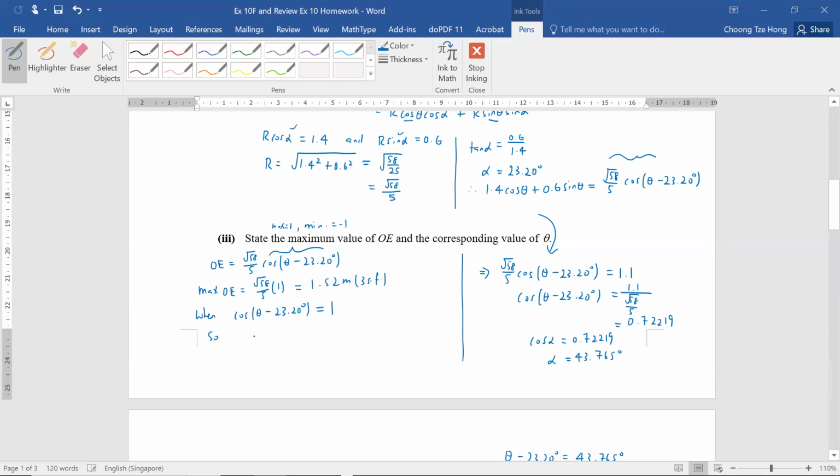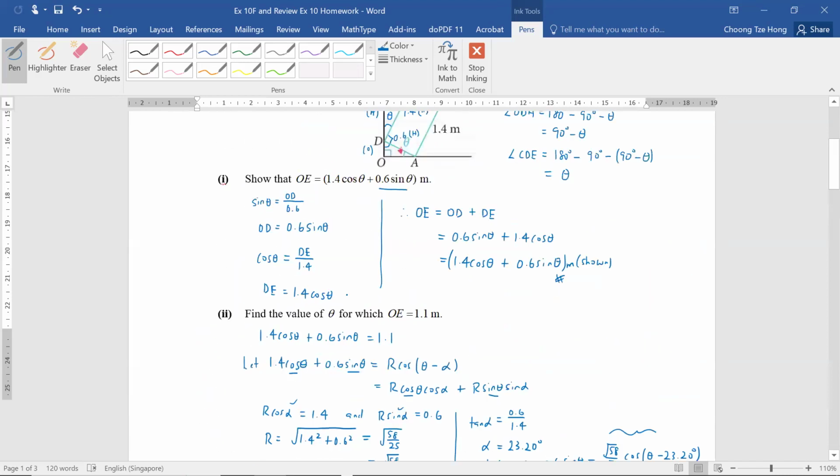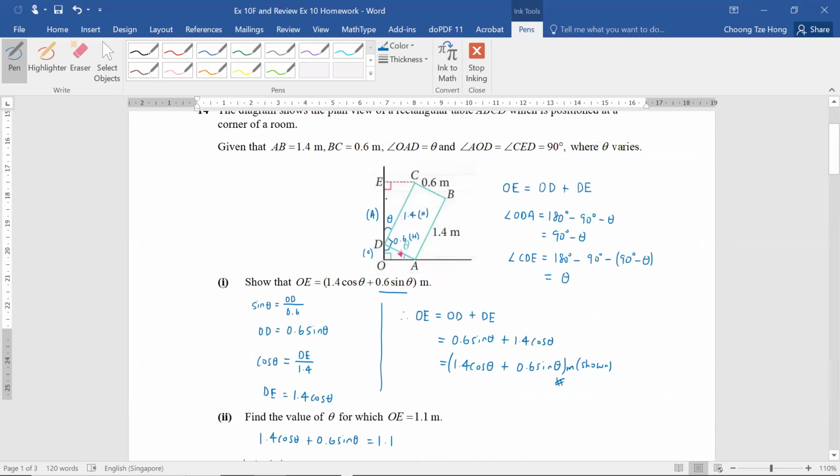So theta minus 23.20 degrees equals 0 degrees, so theta will be 23.20 degrees, which is 23.2 to 1 decimal place. What this means is that in order to get the greatest possible length for OE, you must arrange the table such that the angle theta is 23.2 degrees. This is how you handle a question like this.